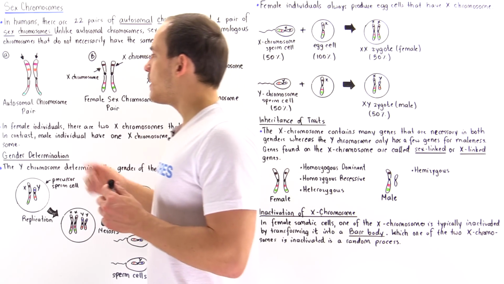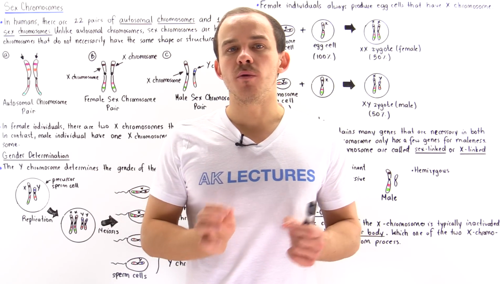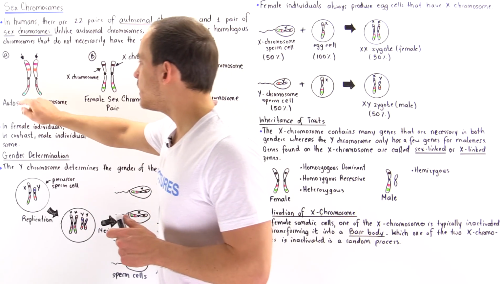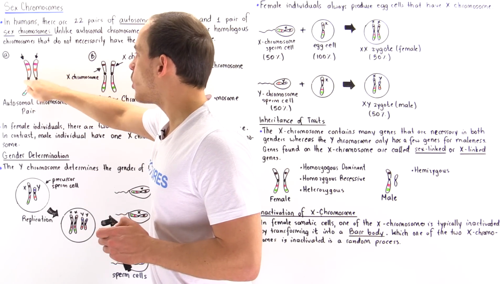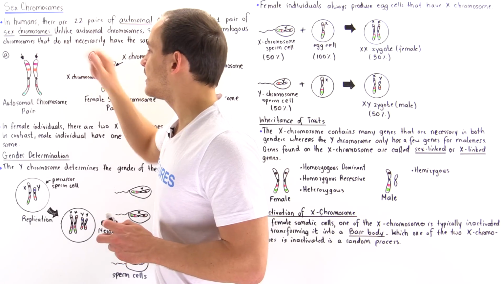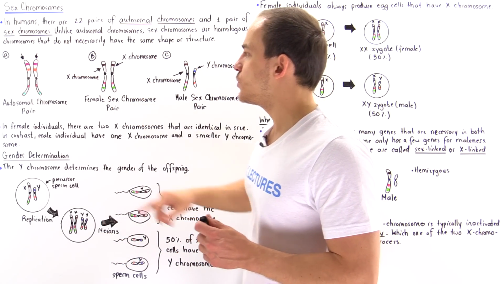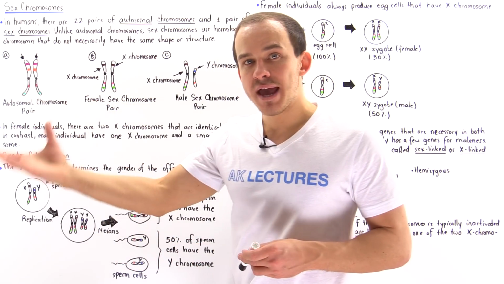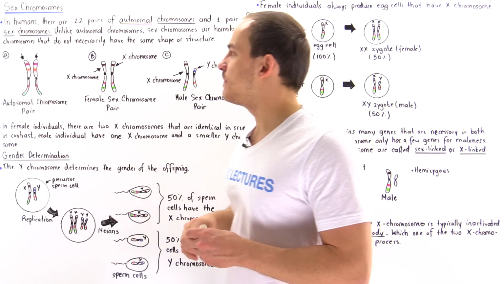Now, in diagram A, we have an autosomal chromosome pair. So we have autosome chromosome number 1 and its homologous autosome chromosome number 2. One of these came from the male parent and the other one came from the female parent.